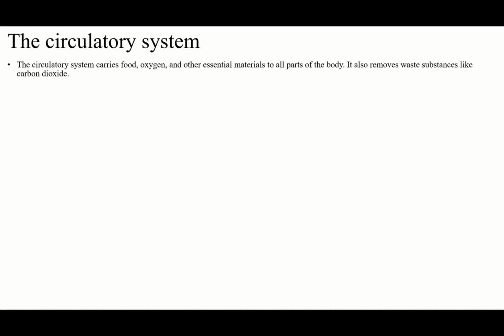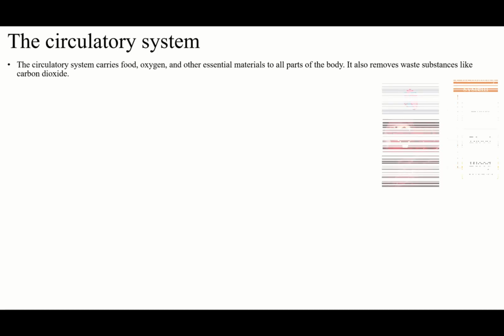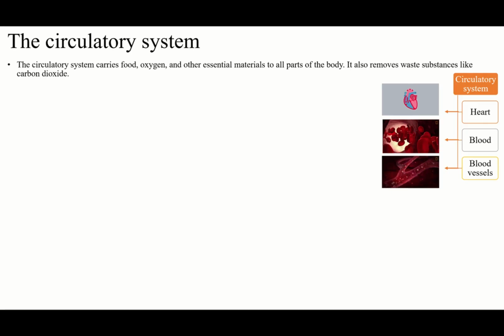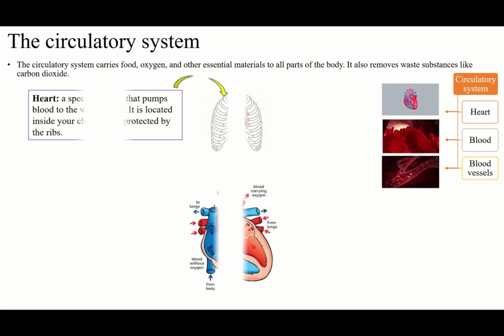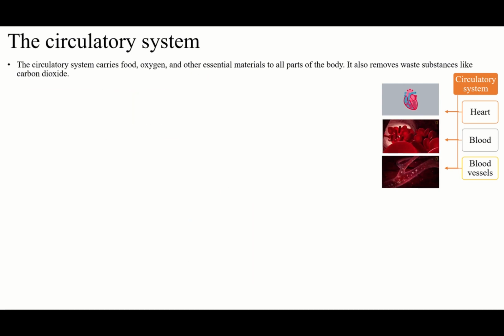I mean, it's not only giving oxygen and food, it's going to remove the waste, which will return back to the heart. Like carbon dioxide. So we have three main parts of the circulatory system, which are these: the heart, the blood and the blood vessels. So let's go into detail one by one. Let's see what they are.